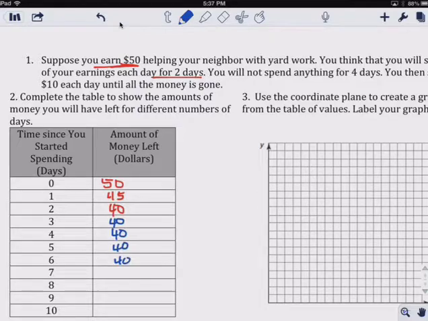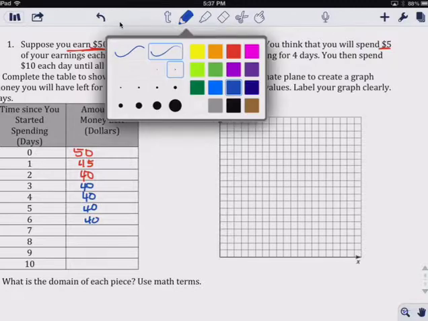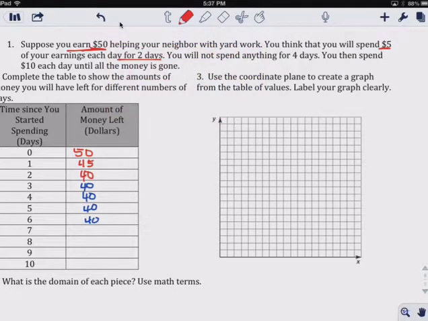Most of you, when I went around, got this. Then you spend $10 each day till it's gone. So you get 30, 20, 10. And that's it. Correct?